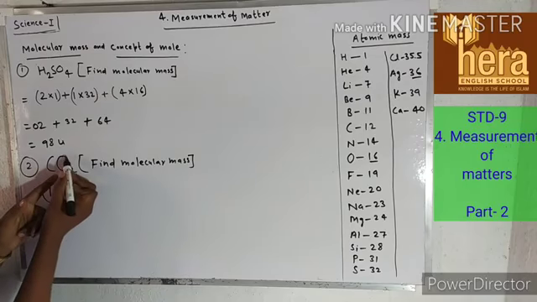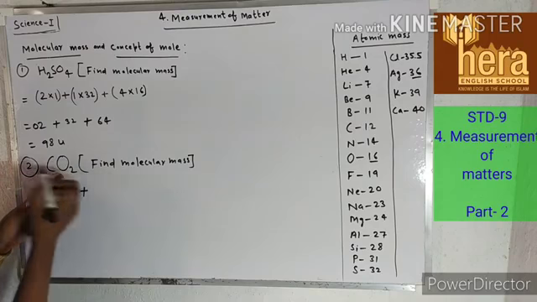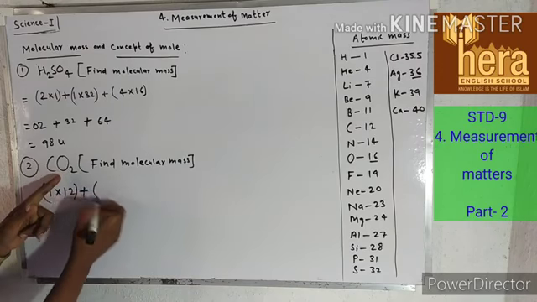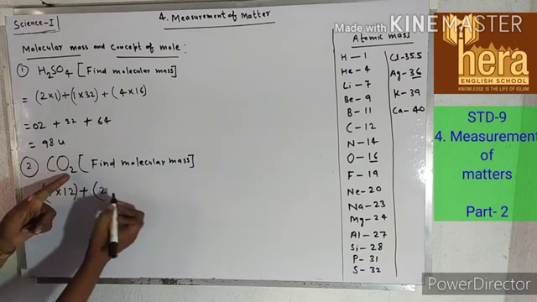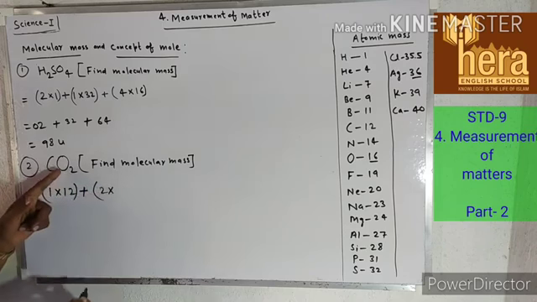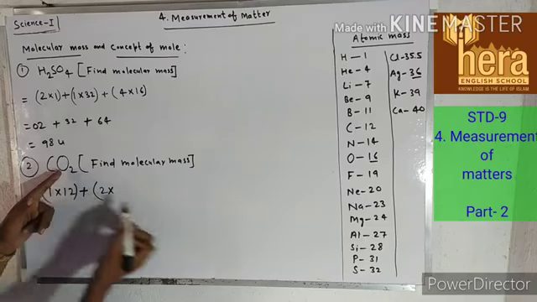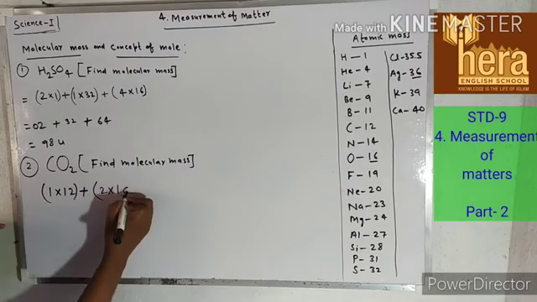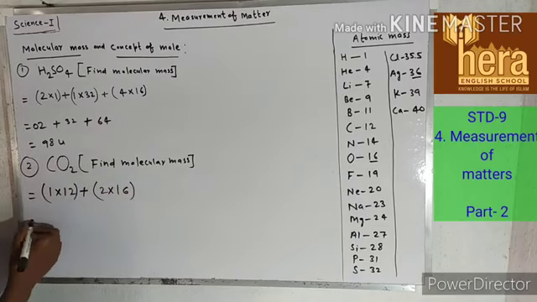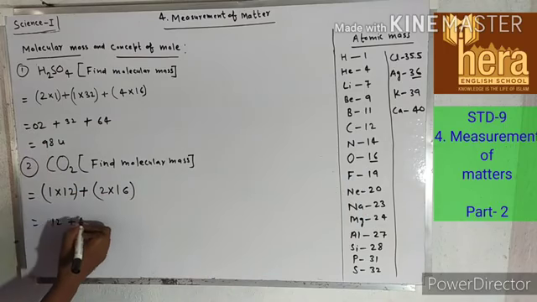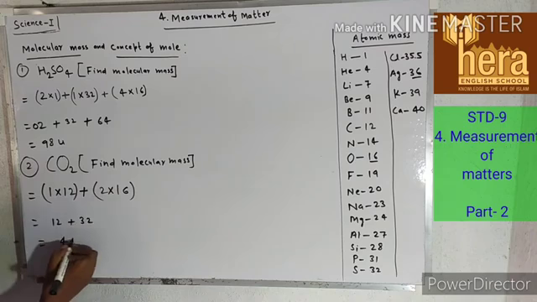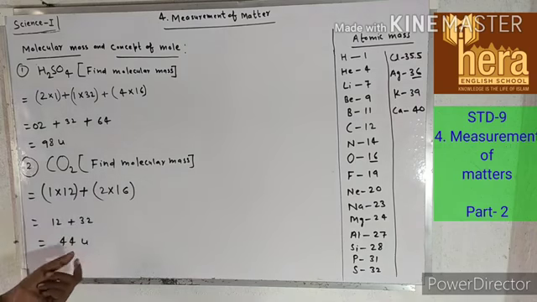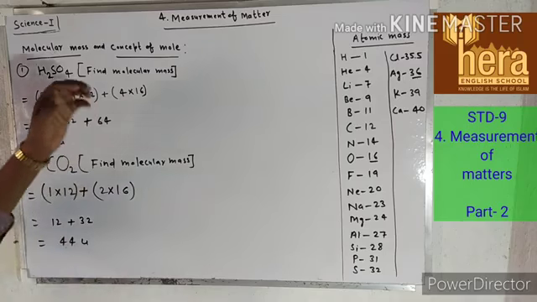Now we are calculating atomic mass of oxygen. Here put a bracket. Number of oxygen atoms is 2, so write here 2 into atomic mass of oxygen, which is 16. 12 plus 32 will be equal to 44 U, unified atomic mass. Okay.